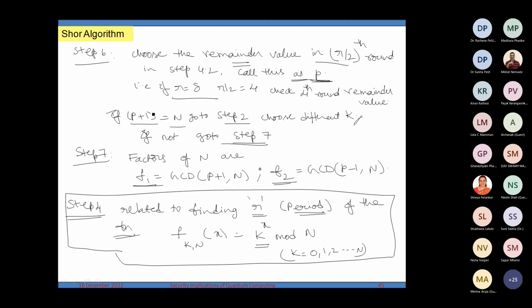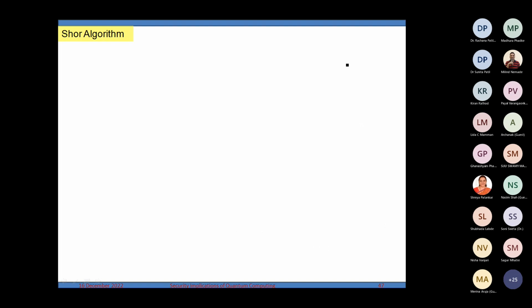Plus 1, you check whether it is n; if so, you go to step 2, otherwise you choose a different k. Finally we are able to calculate factors f1 and f2, of course using p, but p has come because of r. So this particular step, the r, is the period calculation in Shor algorithm.